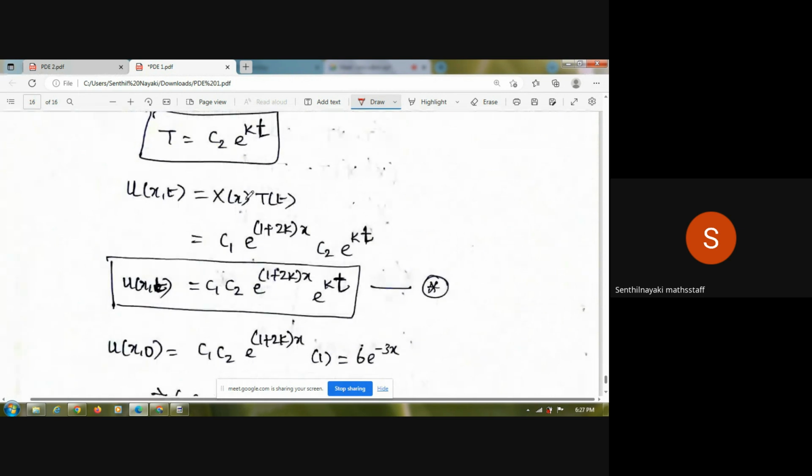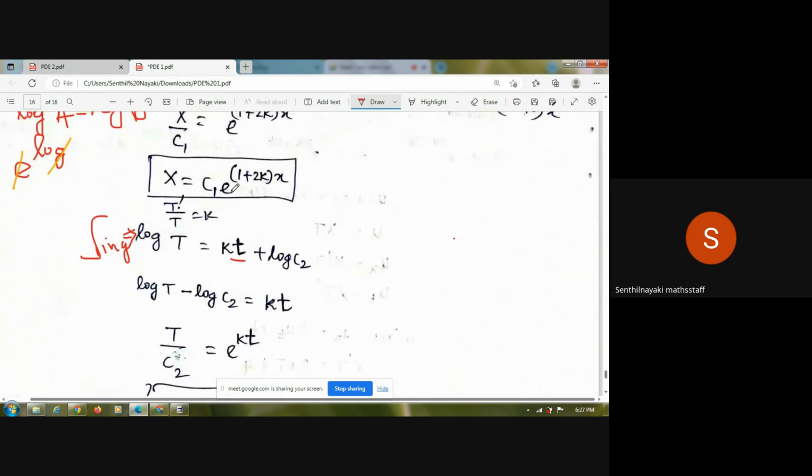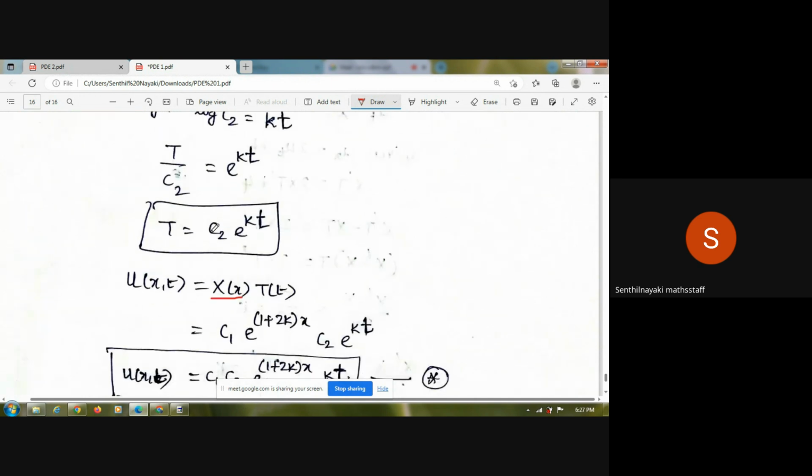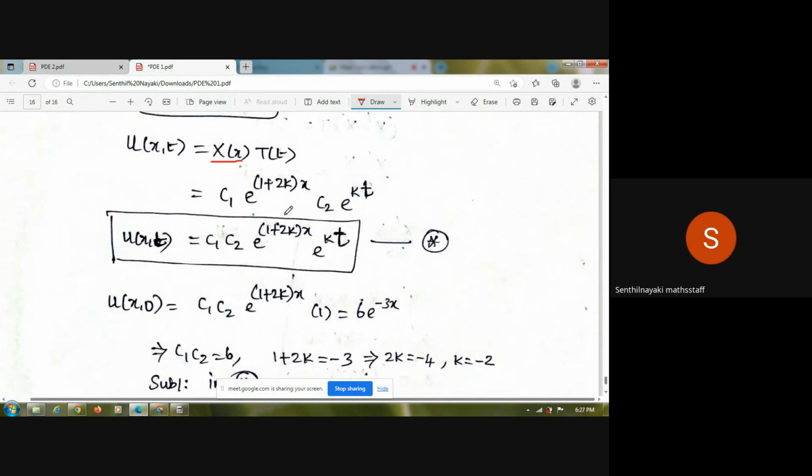Substitute into this equation: for X of x the solution is c1 e power (1 plus 2k) into x, and for T it is c2 e power kt. Substituting those two terms, we get c1 c2 e power (1 plus 2k) into x, e power kt.